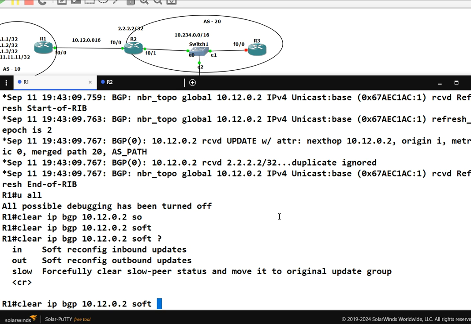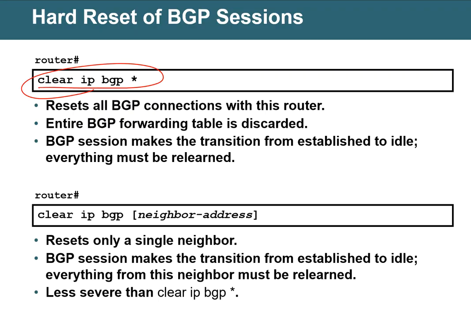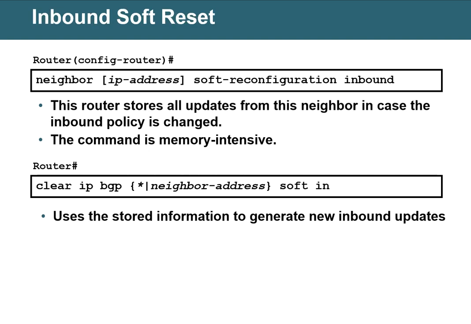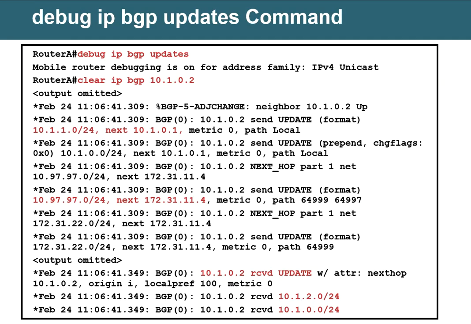One particular neighbor we can mention for both hard reset and soft reset. You can also refresh only the outbound updates, or only the inbound updates. Okay, so this is about route refreshing. I did this and showed you debug and clear.